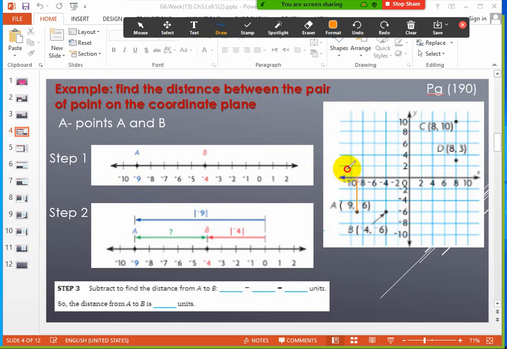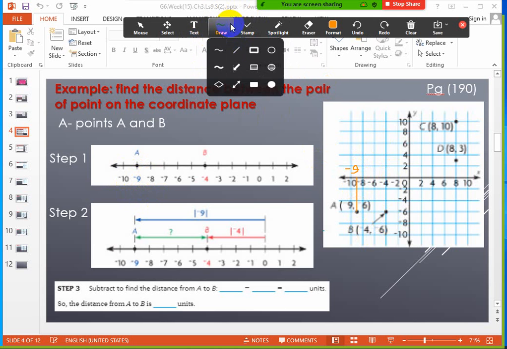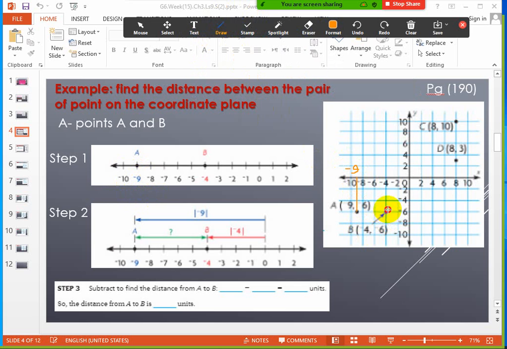Okay, the point is -9. And the x-axis for B point, if you take a vertical line, it will intersect the x-axis on a point -4. Okay.